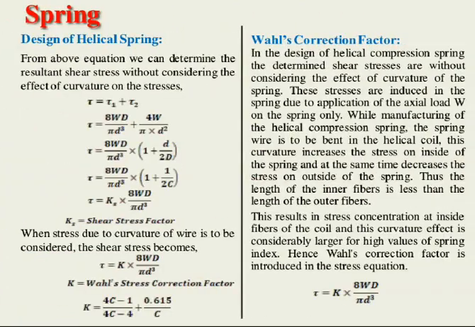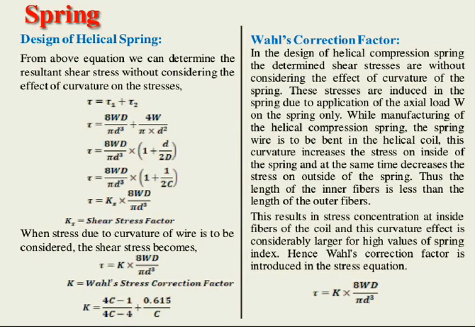Now we have to combine both these stresses, since from the above equations we can determine the resultant shear stress without considering the effect of curvature on the stress. Since there is no effect of curvature considered, we can calculate the whole stress by adding both these stresses.